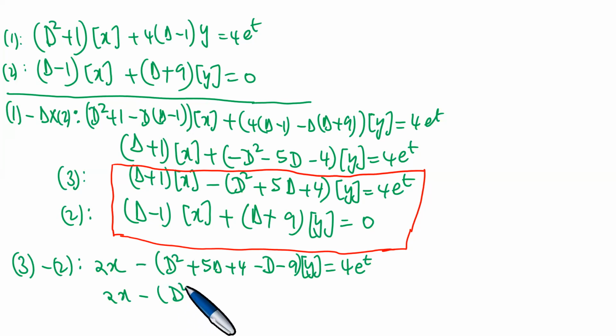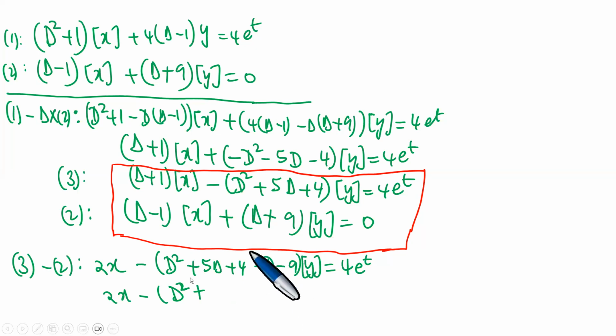So this is exactly d squared. And therefore this one is 5d minus d, which is... okay, you need to check this here.